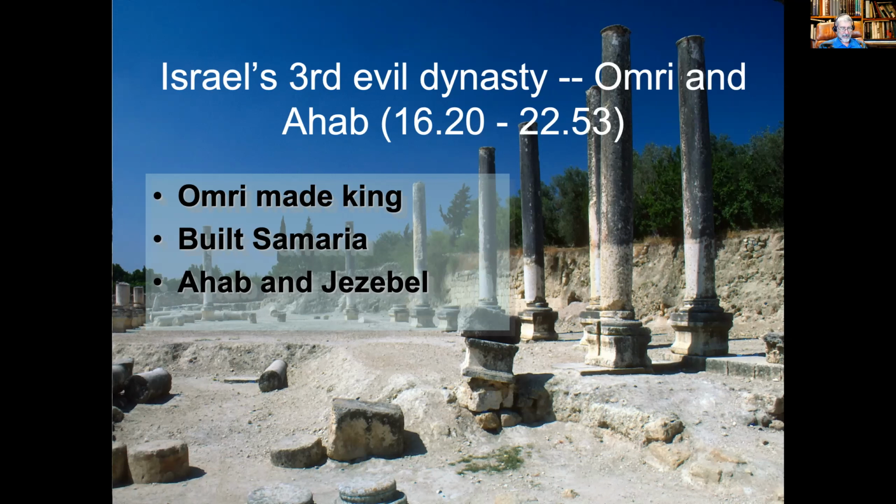When we look historically, when we look linguistically at the passage, Ahab is a relatively weak man. He was a weak leader, had a hard time making decisions. Jezebel was the power behind the throne. Jezebel was a Phoenician, and unlike some of the Phoenicians that had gone before her and before Ethbal, the Phoenicians at this time were thoroughly pagan.